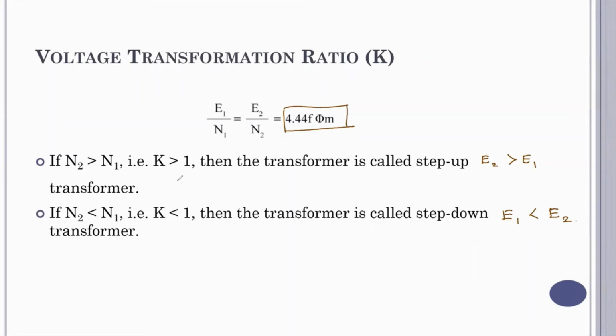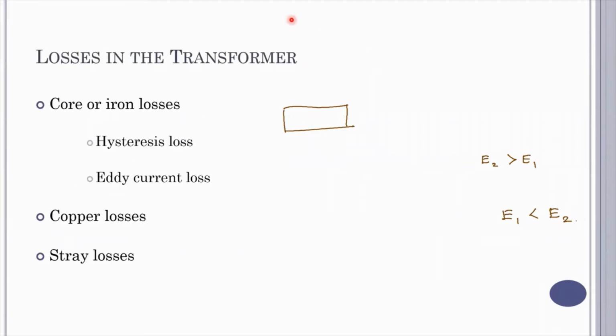Okay. So now, let us go to the losses that occur in a transformer. There are three types of losses.